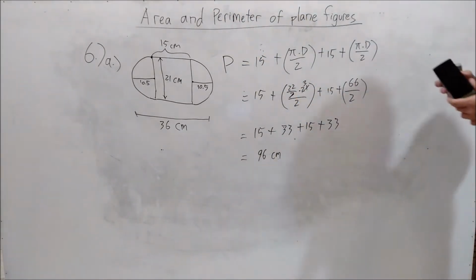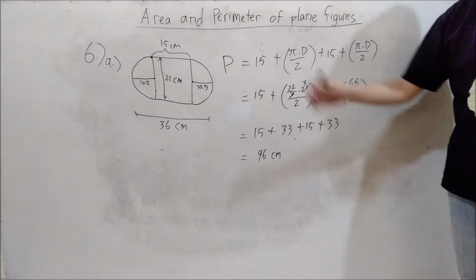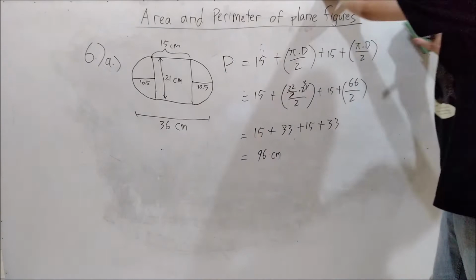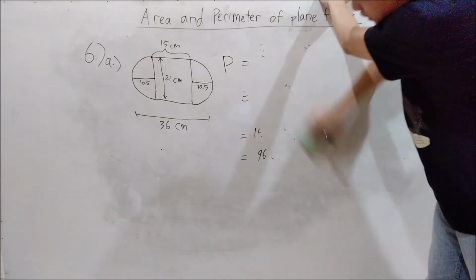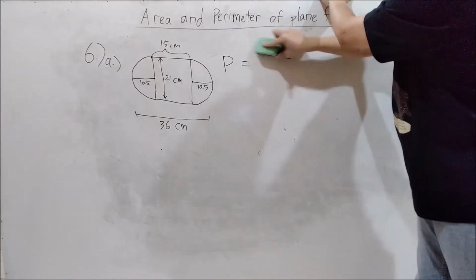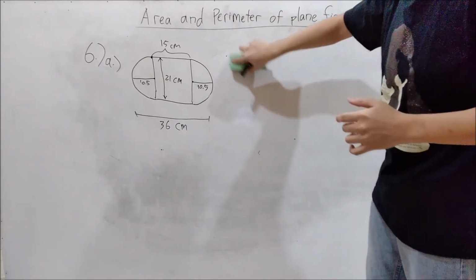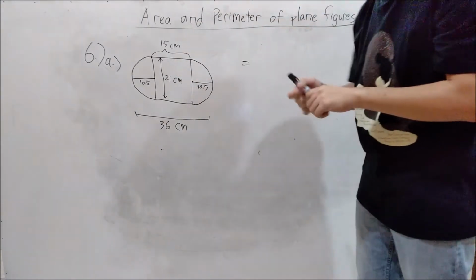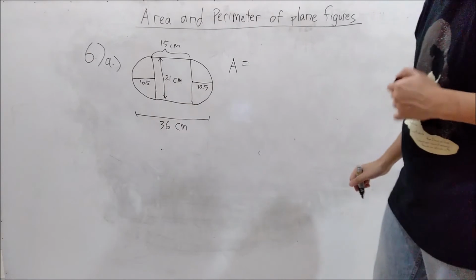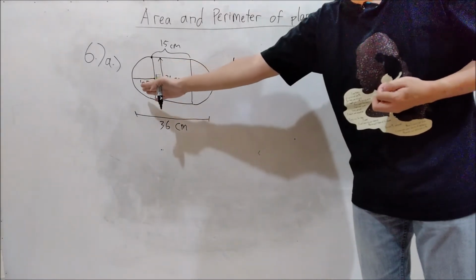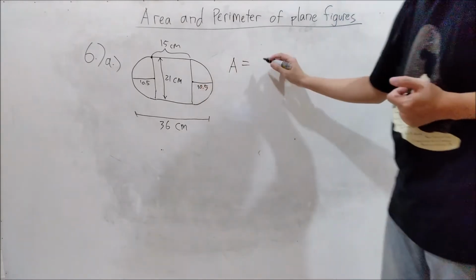Let's move on to our second question, which is about the area of the figure. To find the area of the figure, what you need to do is add up all the area that is here. So the area of the figure will be the area of the semicircle plus the area of the rectangle plus the area of the semicircle.